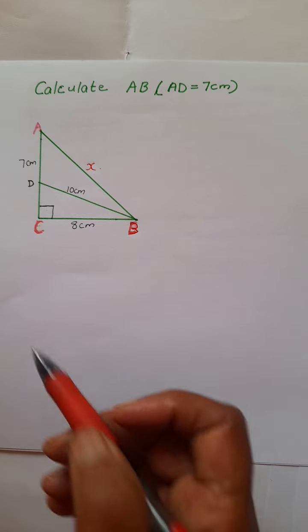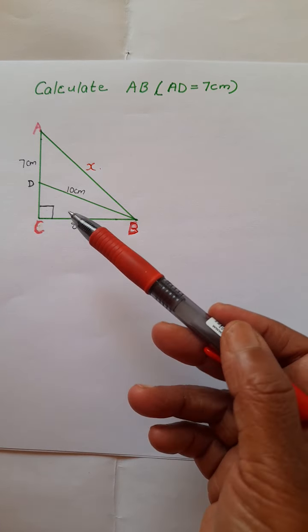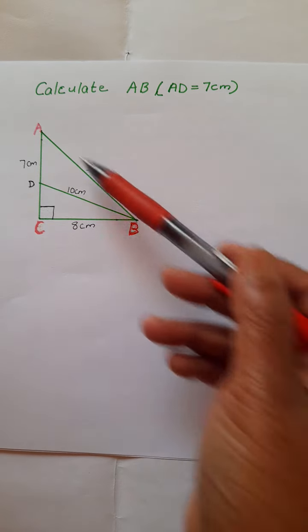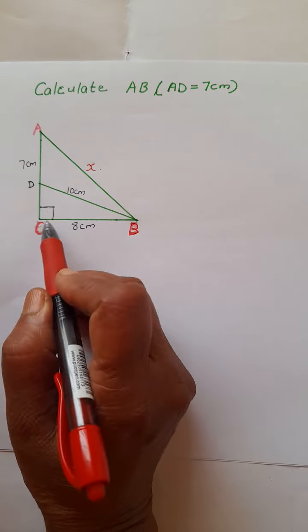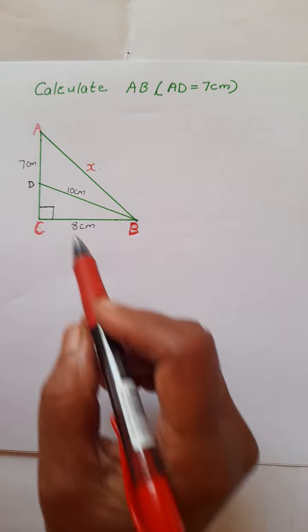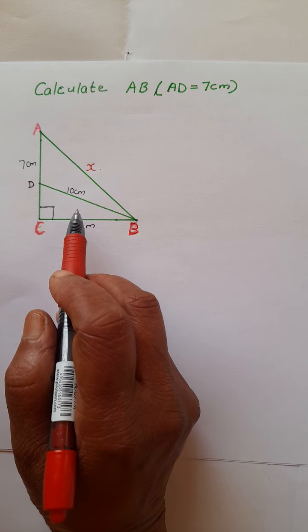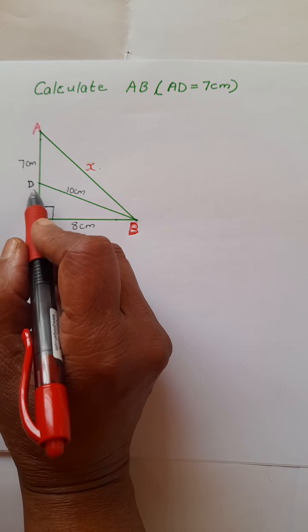If you look at this figure, we can see three triangles: 1, 2, and the big triangle. The small triangle and the big one are right angle triangles. And if we use the big triangle, we have a problem.